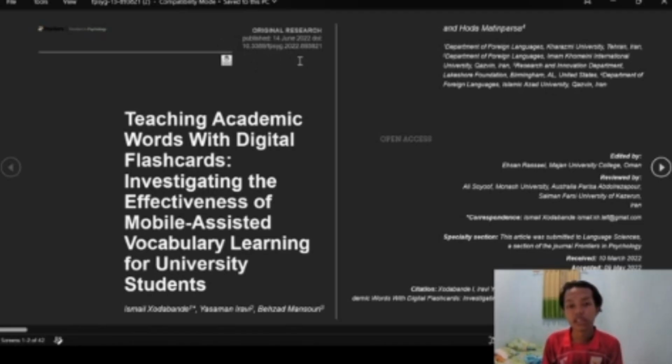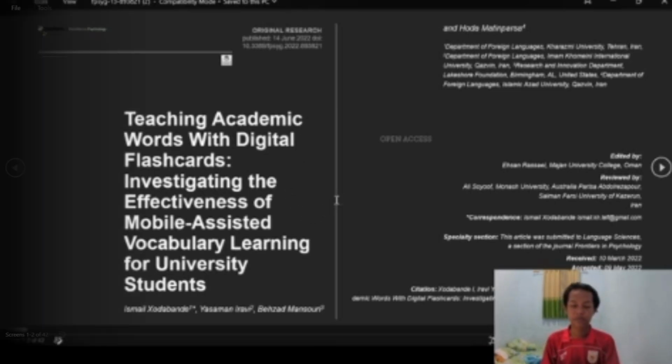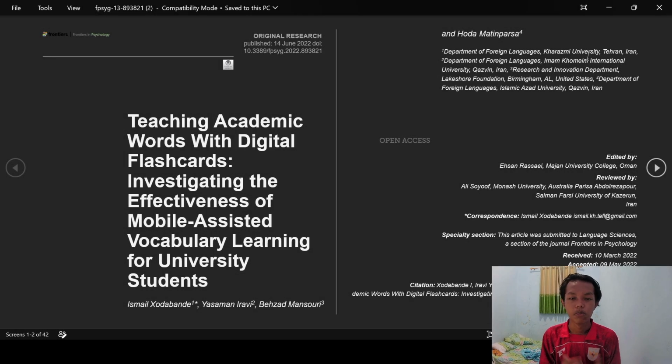This article discusses the use of digital flashcards as a learning tool to improve university students' academic vocabulary through mobile-assisted learning. Before discussing the main findings, I will explain the main objective first.